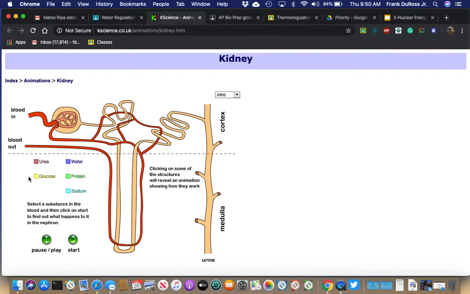In this animation, you can click on one of these substances that's found in the blood, and then you can see what happens to it as it travels through the nephrons of the kidney. So I'll do that for each one of these.